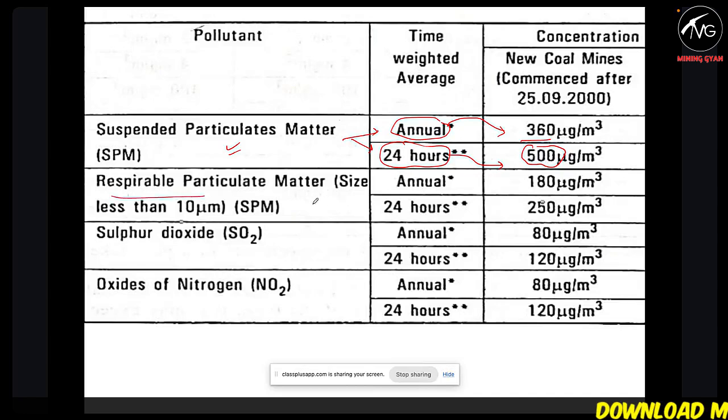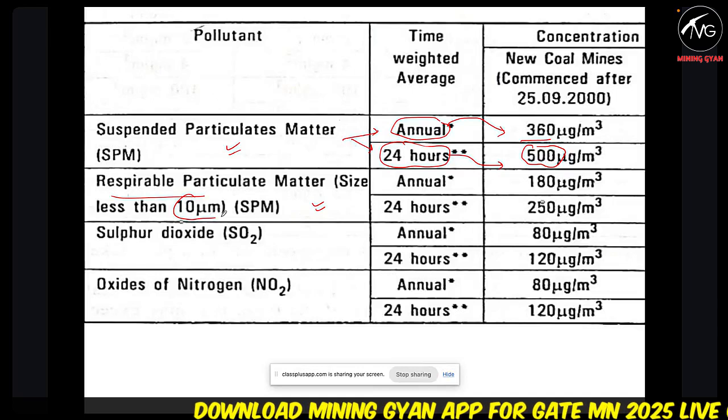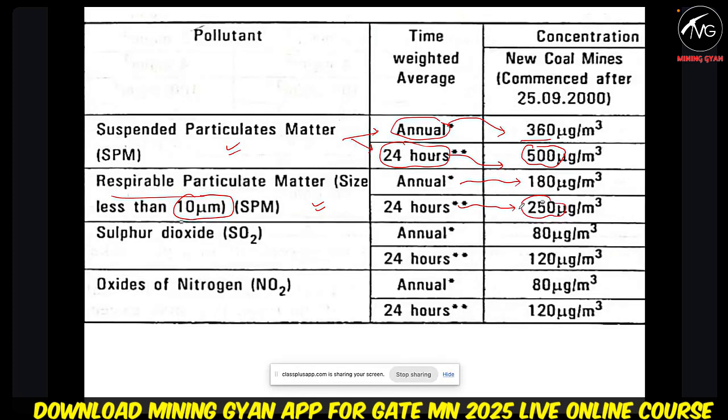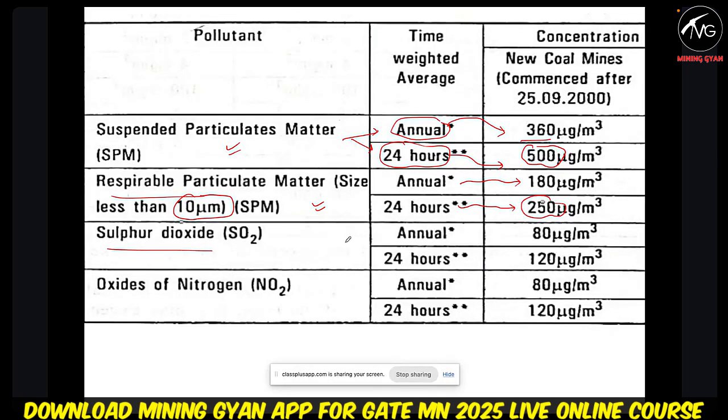Respirable particulate matter, which is less than 10 micrometer, annual is 180 and 24-hour is 250. Sulfur dioxide, annual 80 and 24-hour is 120. Oxides of nitrogen, annually is 80 and 24-hour is 120. The sulfur and nitrogen are similar, 80 120, 80 120.